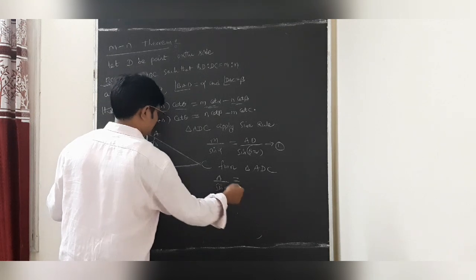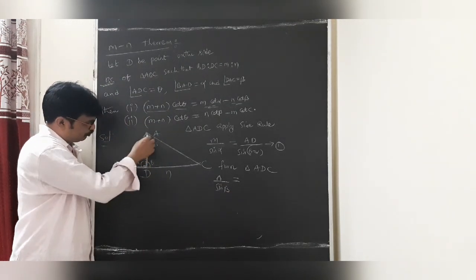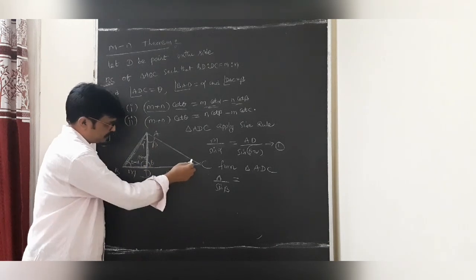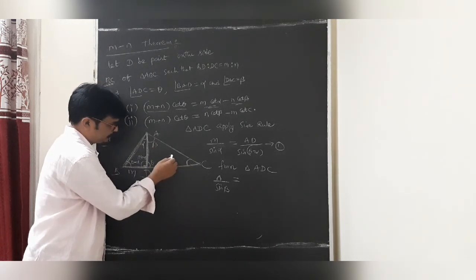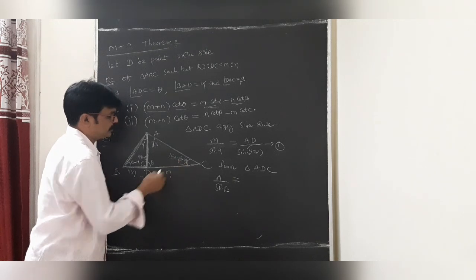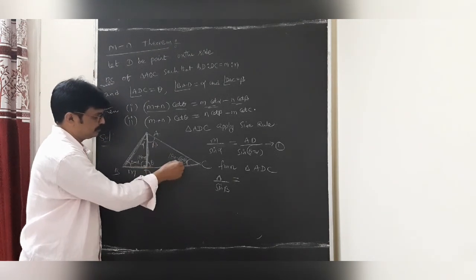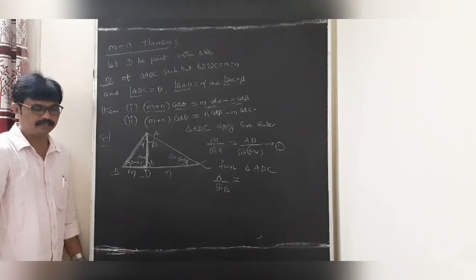That is equal to AD. We have to take the common side AD. The angle C is 180 minus (beta plus theta). Is it clear? This is theta, this is beta, undoubtedly this is 180 minus (beta plus theta).